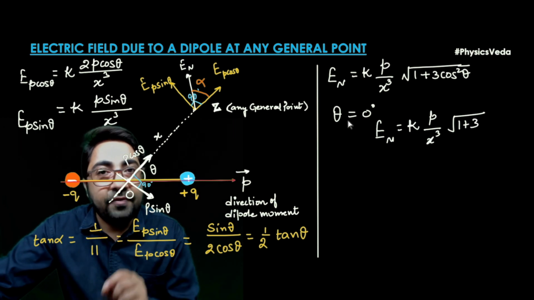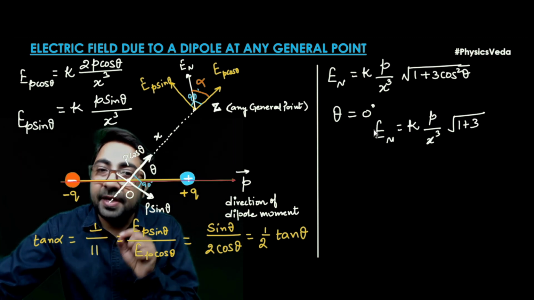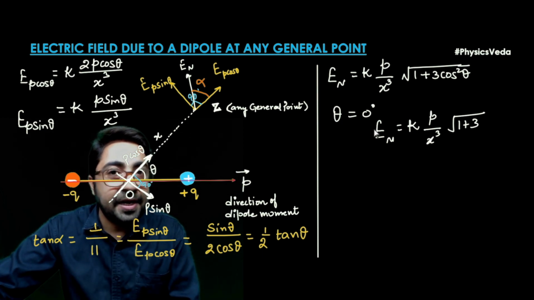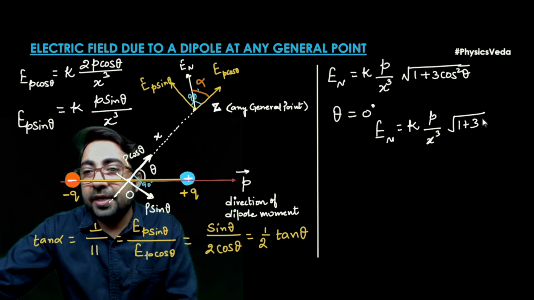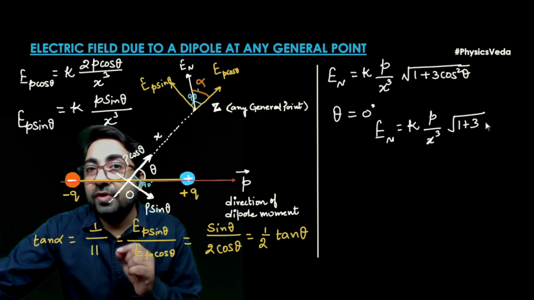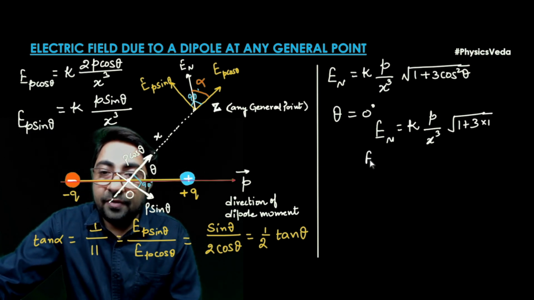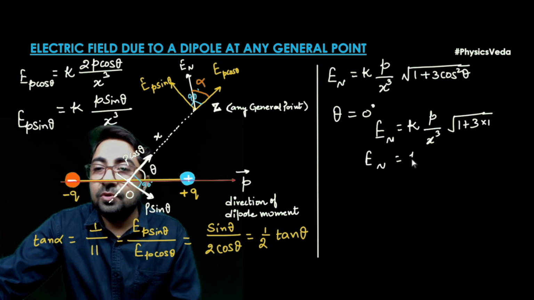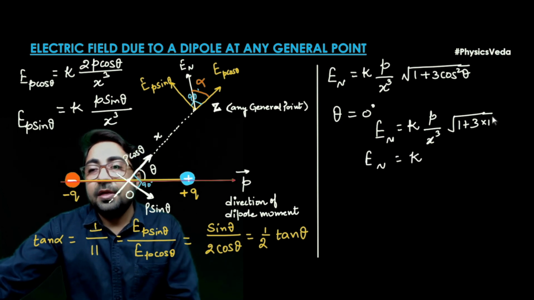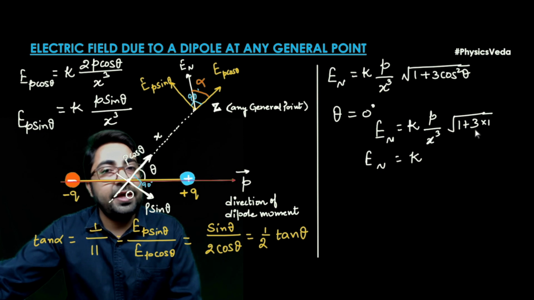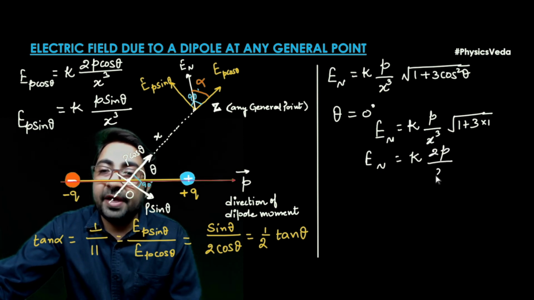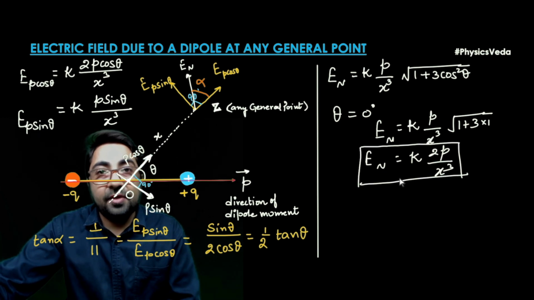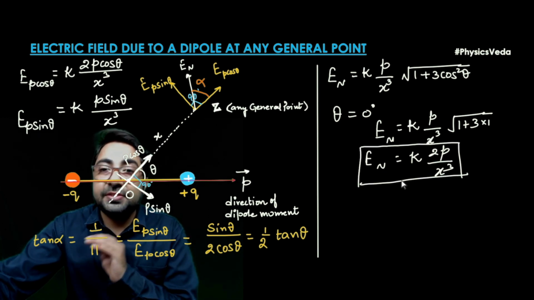Here the value of theta is 0 because I am taking this point on the axial line. So at the axial line theta is equal to 0, and the value of cos 0 will be 1. Here the value of 1 plus 3 is 4 and the square root of 4 is 2. So the electric field is K 2P upon x cube. So this is the electric field intensity at the axial line.